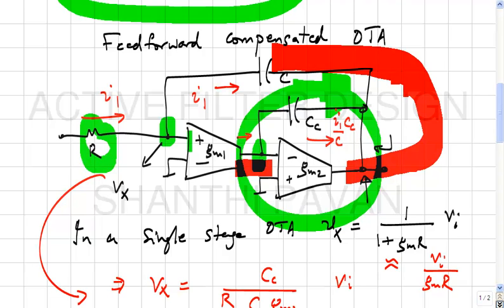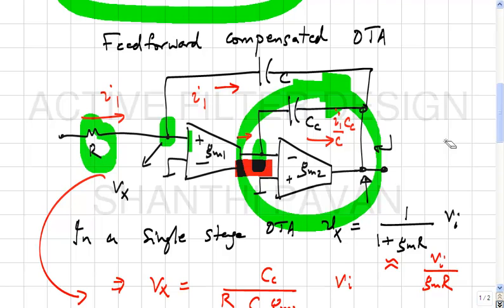That is equivalent to saying that its input voltage now has to be smaller, which equivalently means that the integrator is tending towards ideality in a lot better sense than it was when you had only the first stage transconductor.